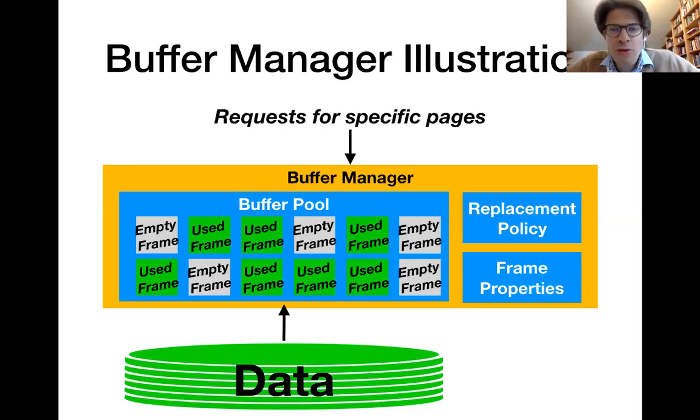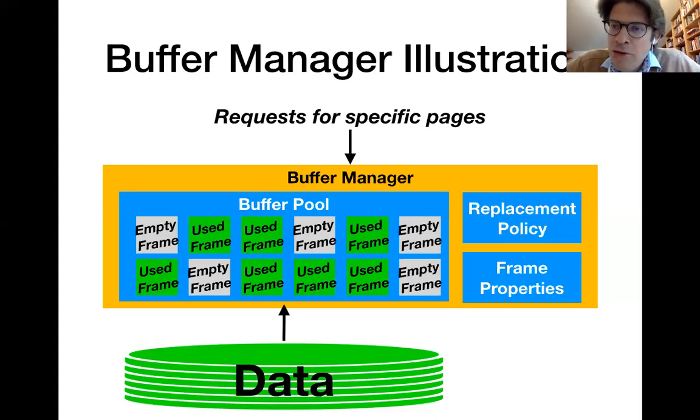So when getting requests, the buffer manager would first check whether the corresponding page happens to be already stored currently in the buffer pool. And if not, it will fetch it from the hard disk here. Now, the buffer manager stores some metadata about the content of those different frames.